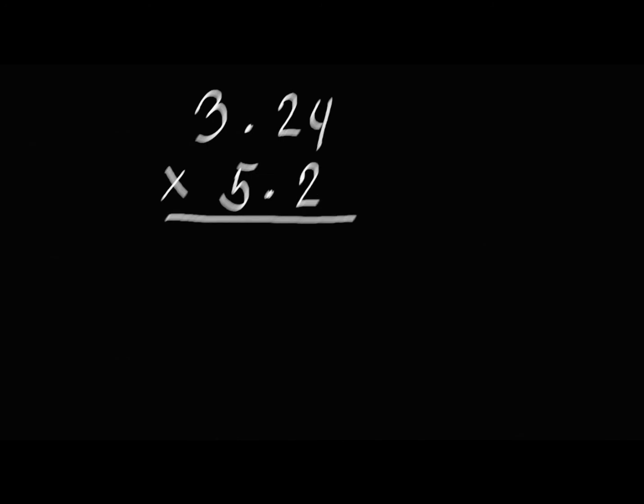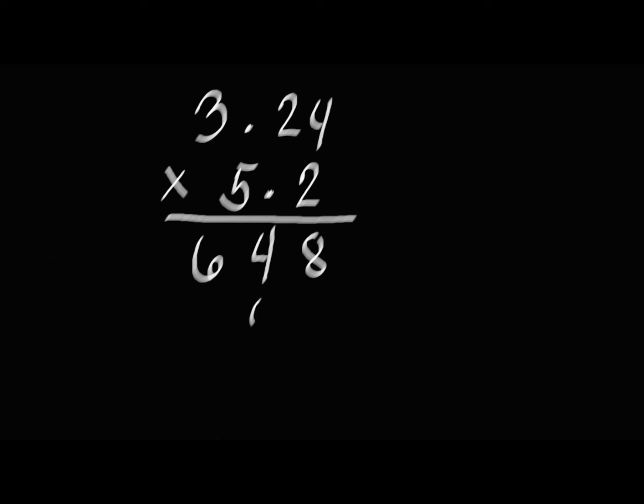3 and 24 hundredths times 5 and 2 tenths. Okay, again, we will go back to basic multiplication. 2 times 4 equals 8. 2 times 2 equals 4. 2 times 3 equals 6. Next, 5 times 4 equals 20.